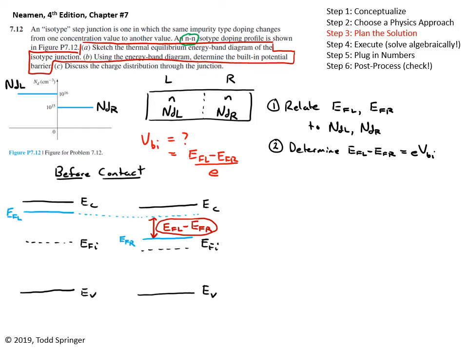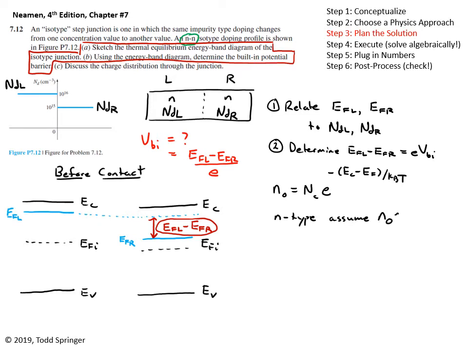Well, we know that there's the main equation relating doping and Fermi energy. So, NC e to the minus EC minus EF over kBT. And we know they're both n-type, and we're going to assume they're strongly n-type.